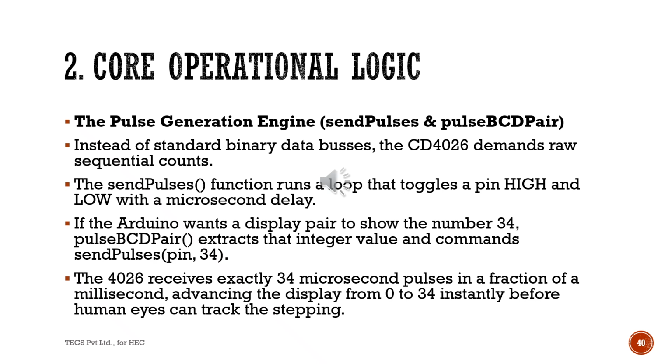If the Arduino wants to display a pair to show the number 34, pulse BCD pair extracts the integer value and commands it to send 34 pulses to the pin. The 4026 receives exactly 34 pulses in a fraction of a millisecond, advancing the display from 0 to 34 instantly, before the human eye can track the stepping.